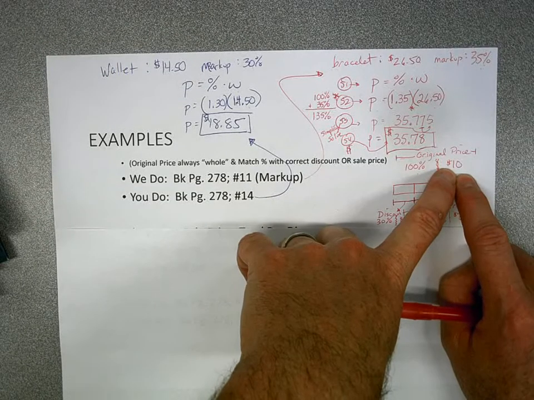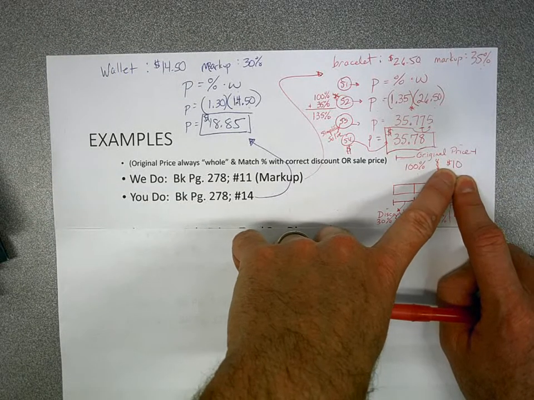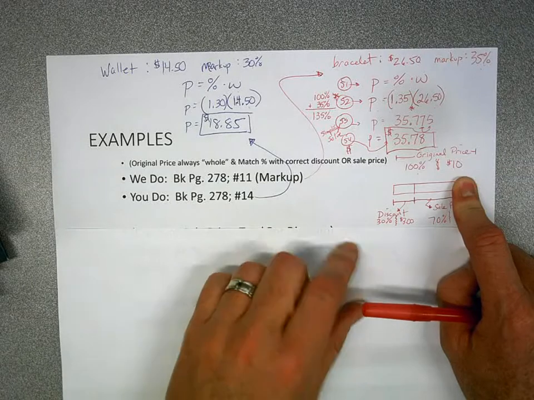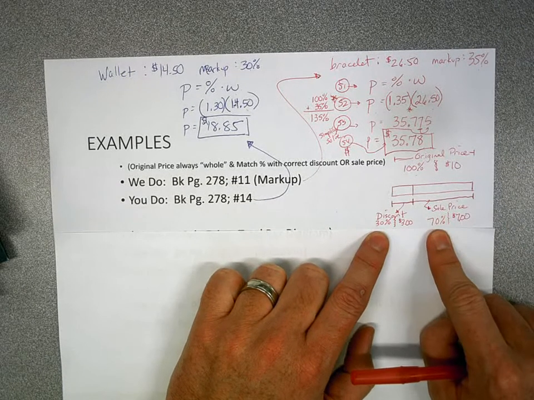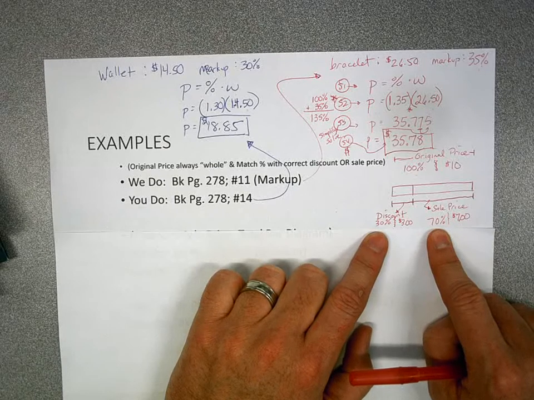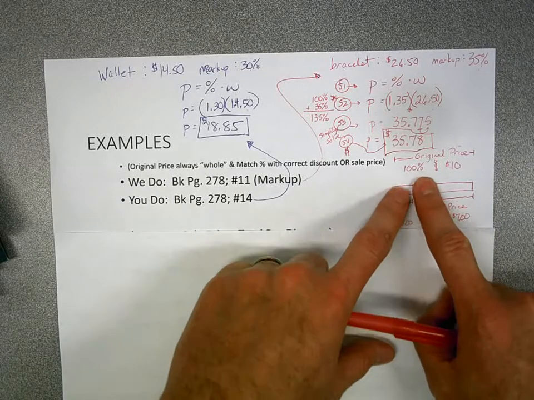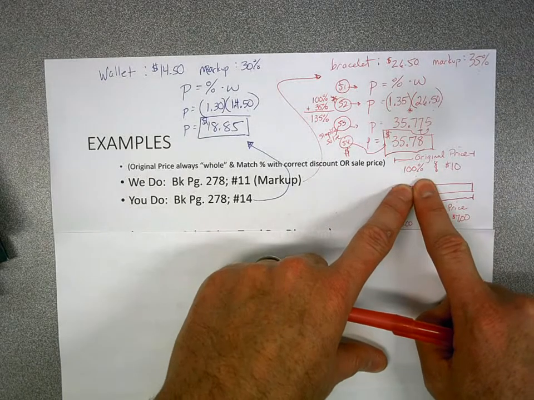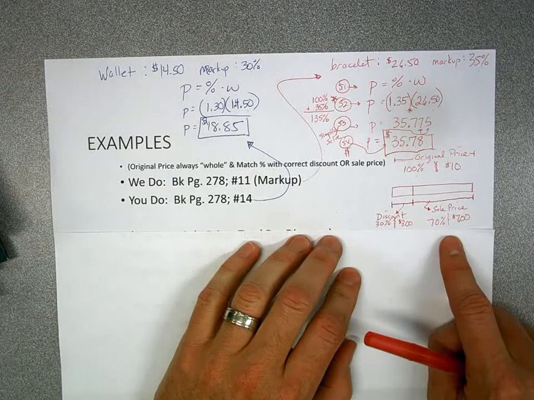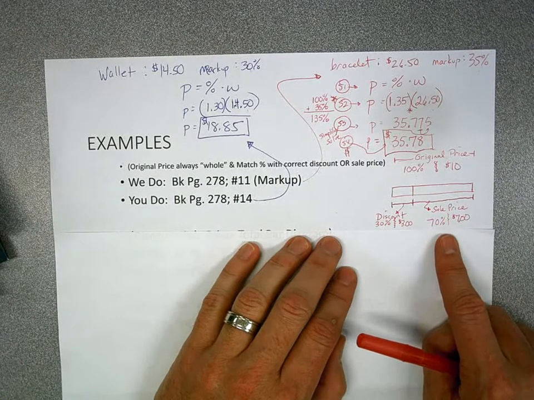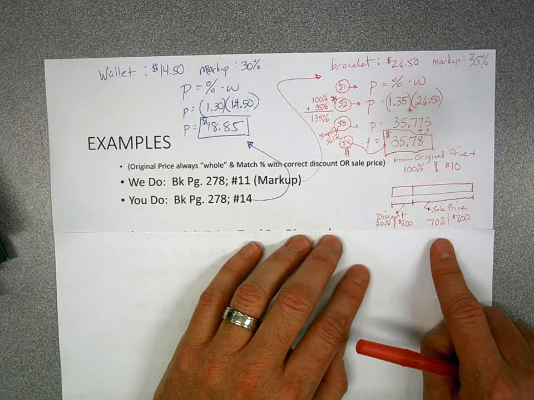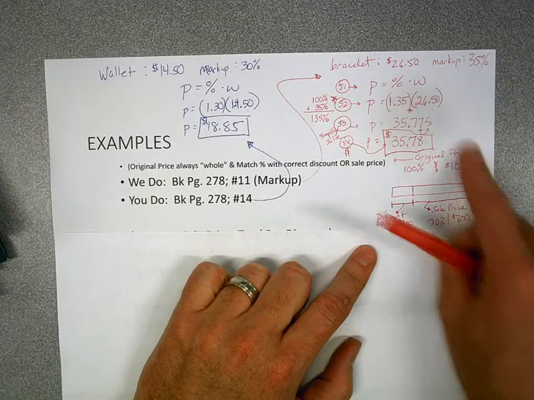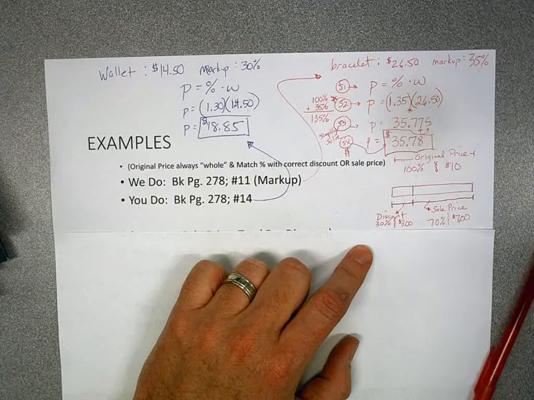But what a lot of us don't realize is the discount percentage and the sale price percentage, when added up, equal what? 100%. Okay? Now that fact we're going to use in this next problem. So it's going to be embedded in our next problem. Are there any questions on the understanding of this bar diagram here?